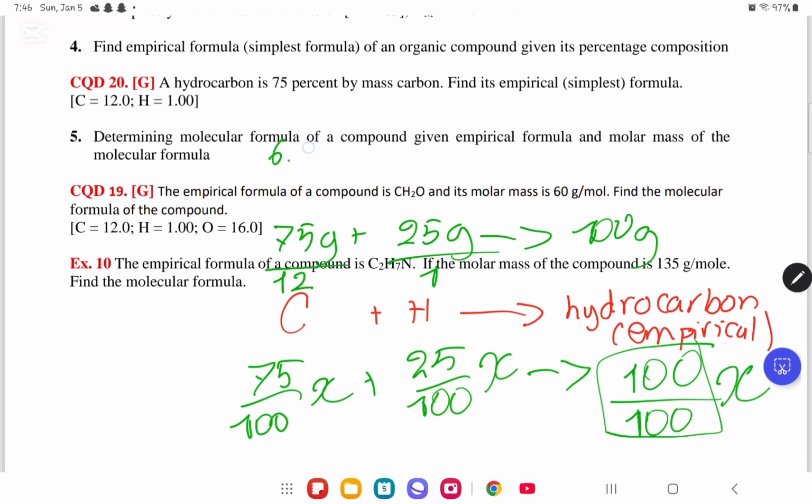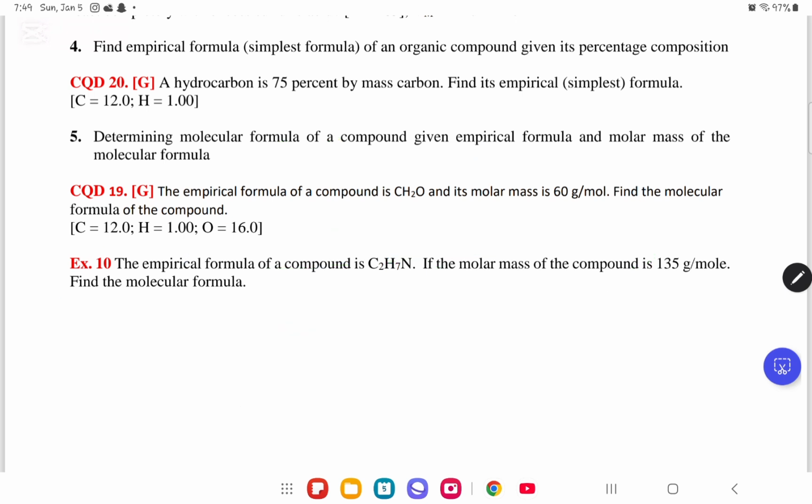Okay, so 75 divided by 12 is 6.25. Okay, and then 25 divided by 1 is 25. All right, but we don't stop here then. We were left with 6.25 being for carbon and 25 being for hydrogen.